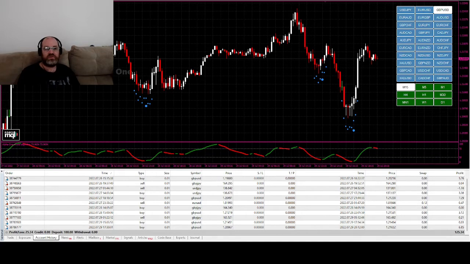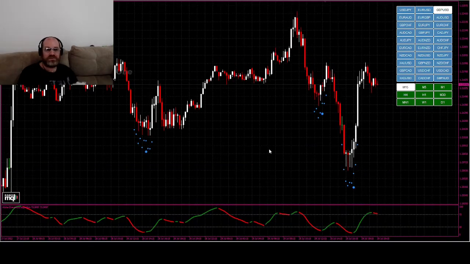So like I said, the first went to zero, but the second trade made the money. So that's how we use this indicator. Actually it was not a mistake, this one. This was the one I first entered, it went almost to zero, and this one made the money. So how amazing is this indicator?